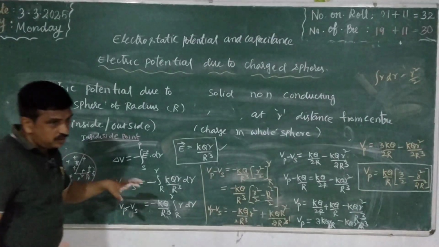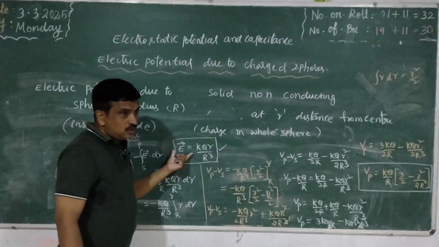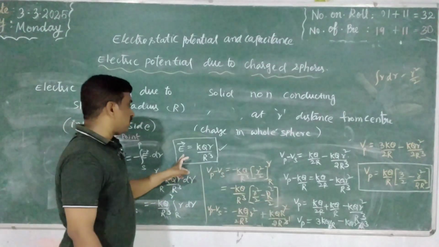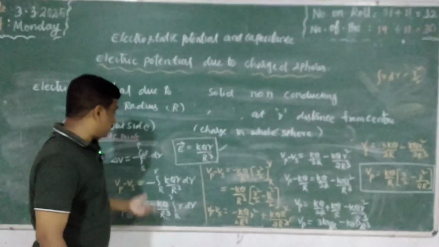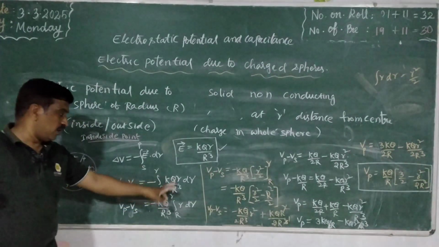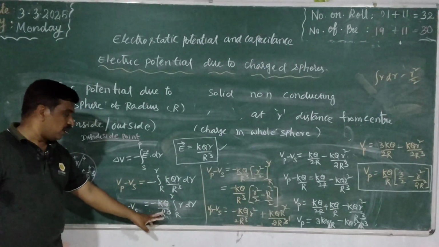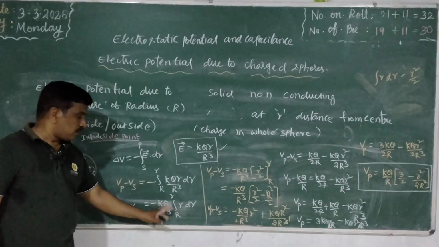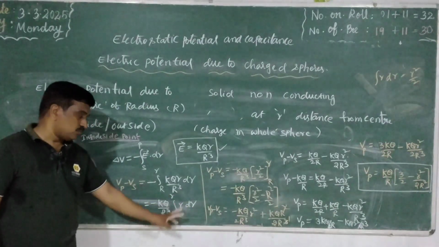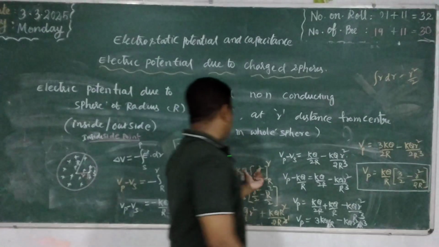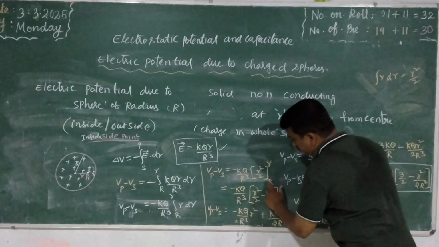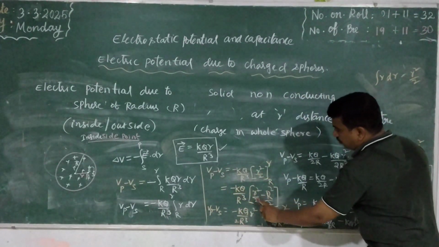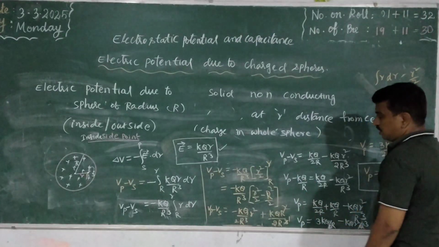So we remember the electric field due to a solid non-conducting sphere at an inside point is KQ r by R cube, and we can use that here. See, KQ by R cube is constant, we can write integral of r dr from R to small r. Small r dr gives r square by 2. So upper limit first, later lower limit: KQ by R cube times small r square by 2 minus capital R square by 2.